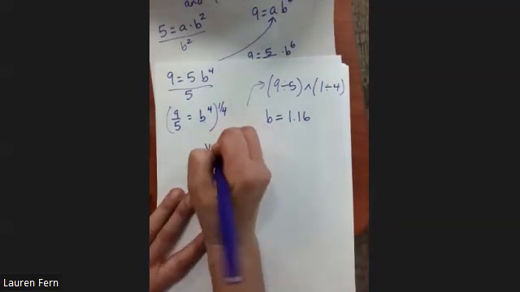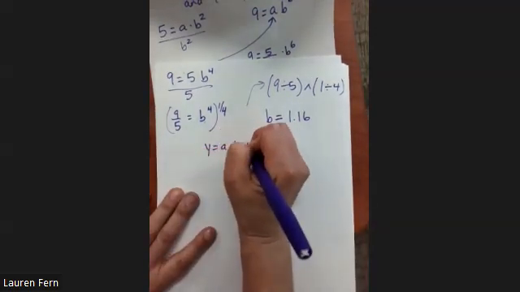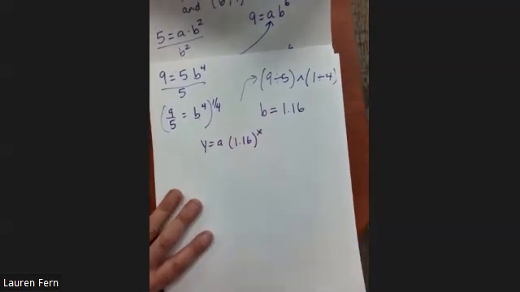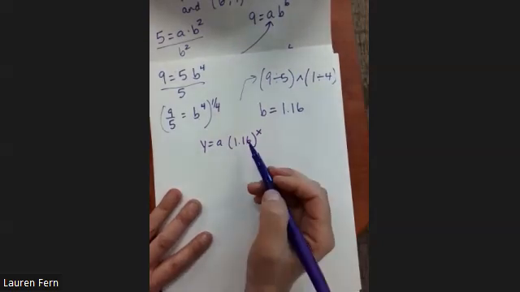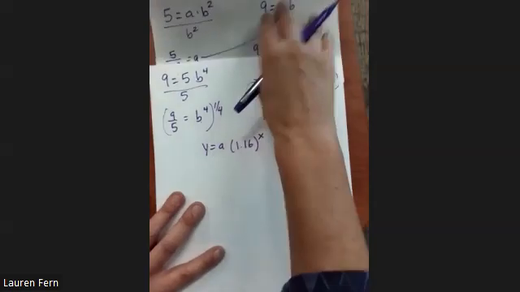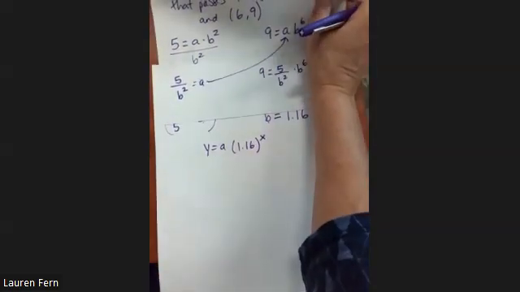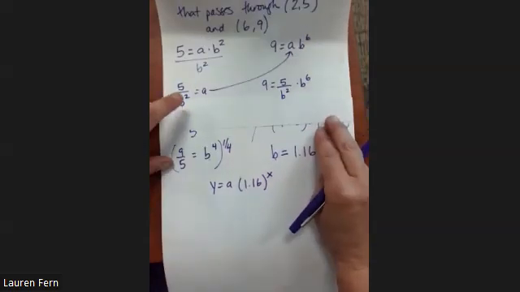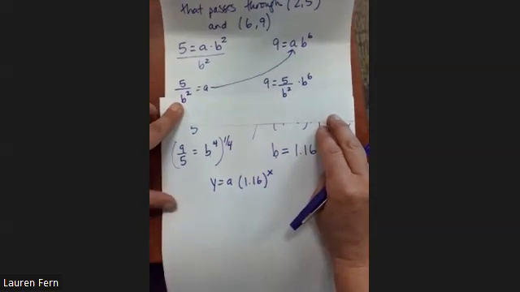All right, now thus far we have a 1.16 to the power of x. Now we got b, we now need to find a. But this is where I say, take that value of b and plug it into that expression for a that we found in terms of b.